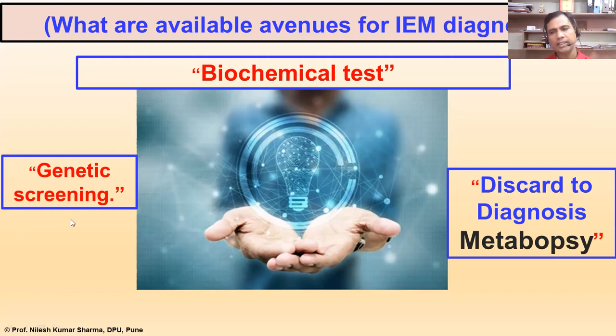So in spite of genetic screening for certain selective IEM, there is a gap in the early diagnosis of IMD or IEM. Another aspect is that there are certain approaches in terms of biochemical tests available, but these biochemical tests are also selective.